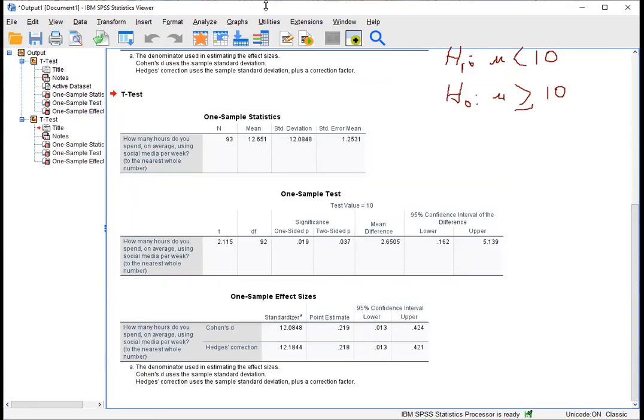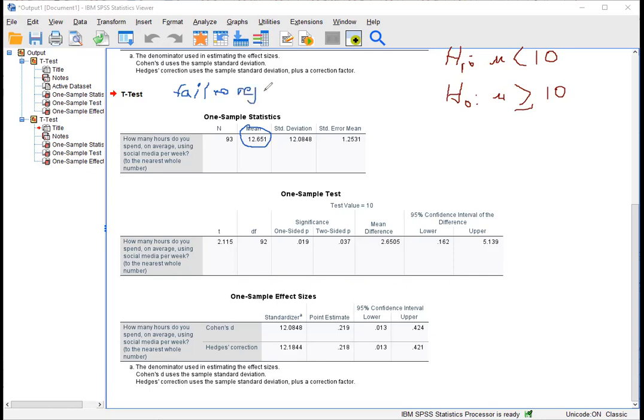Our first task is to verify whether we were right. For us to be right, the mean for our sample has to be less than 10. Here's the mean from our sample. It is not less than 10. It is greater than 10. So right there, because we're using a one-tailed test, we know we must fail to reject the null. We fail to reject the null because in a one-tailed test, if the direction is wrong, we automatically must fail to reject.